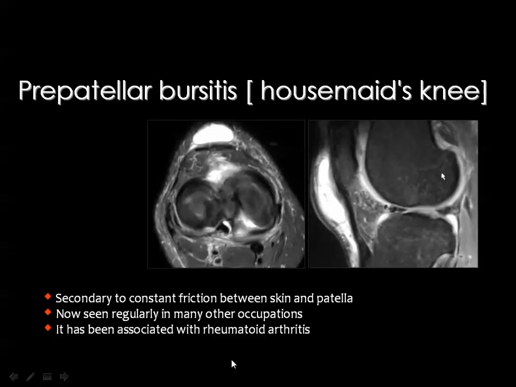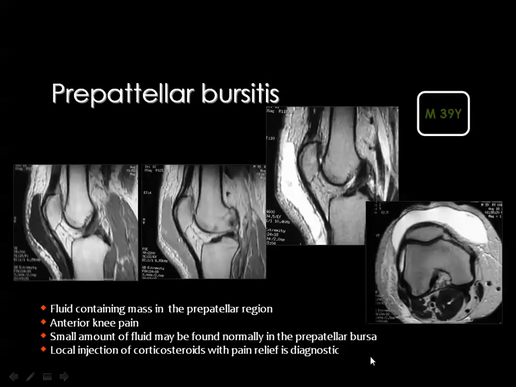Prepatellar bursitis means inflammation of the subcutaneous prepatellar bursa, which then accumulates fluid. You can see this in the sagittal images, and also in the axial images. Sometimes this is known as housemaid knee, but inflammation of the prepatellar bursa can also be seen in cases of rheumatoid arthritis.